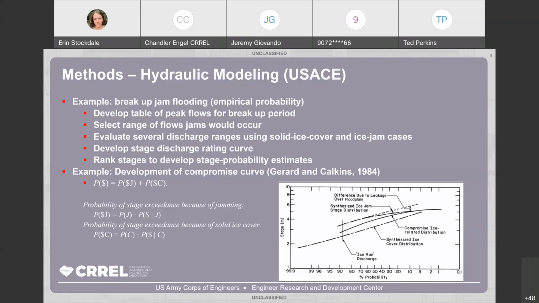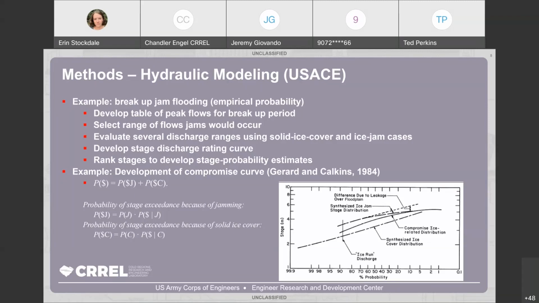So now you have this as kind of the workflow, but if you wanted to do an example, I did throw this plot in there that's in the ICE engineering manual. And in this particular plot, what they're doing is developing a compromise curve, which is trying to get the best estimate of the probability of stage exceeding a certain level because of jamming, and the probability of stage because of just ice cover.